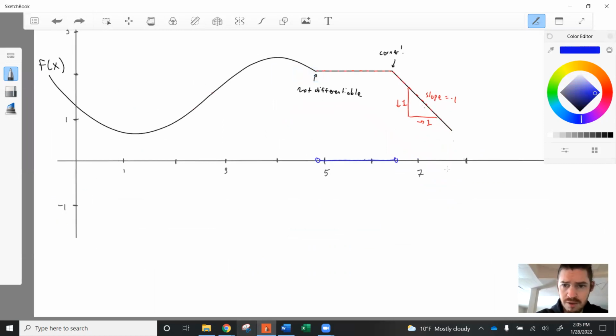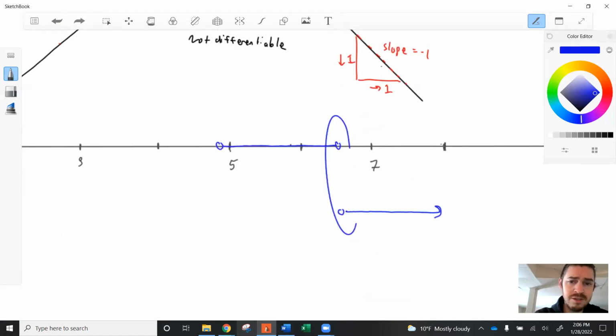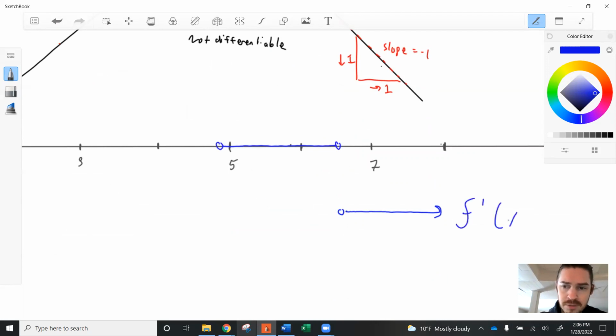And for that portion of the graph of the derivative, it's going to be, again, constant down here at -1, like that. Now you notice it jumps, right? Jump in the derivative graph, because here, it's 0, and then here suddenly it's -1, and that's a sudden jump in the slope. This point here where it's not differentiable corresponds to a discontinuity in the derivative f prime. This blue graph here, remind you, is going to be the graph of f prime.